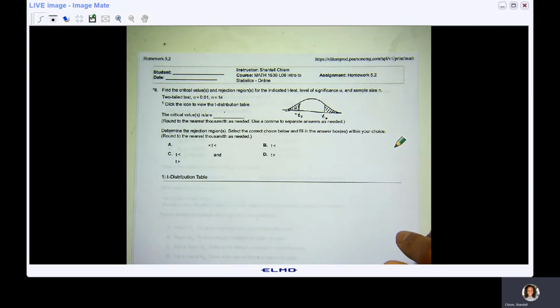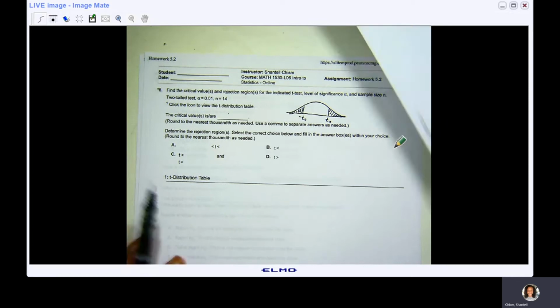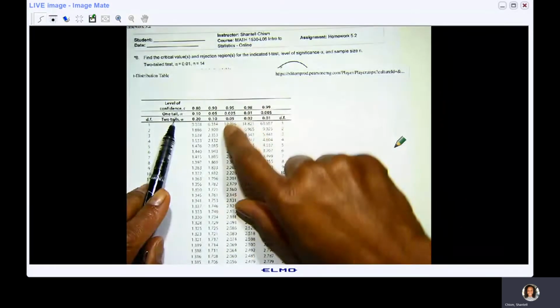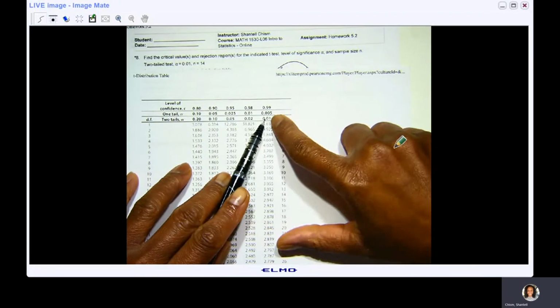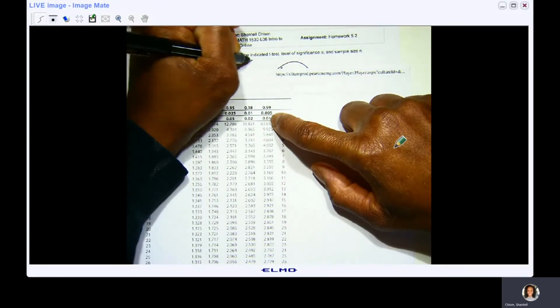Your critical value will be found from the table. We're going to locate our alpha in our two-tailed column. Here, two-tail, alpha is 0.01, so that's all the way to the right. And degrees of freedom is n minus 1.